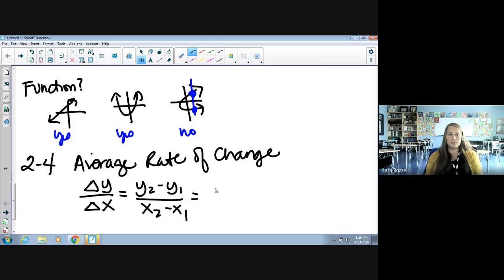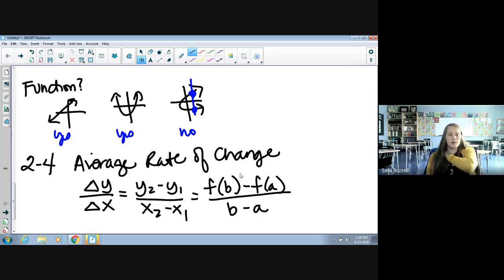So you could also see it written like this: f of B minus f of A over B minus A. This is just saying if your x values are A and B, to find your y values, you just plug them into the function. It looks like a fancy way, but it's really just saying x values and y values. Remember, to find a y value, you just do f of x, and that gives you your y value.